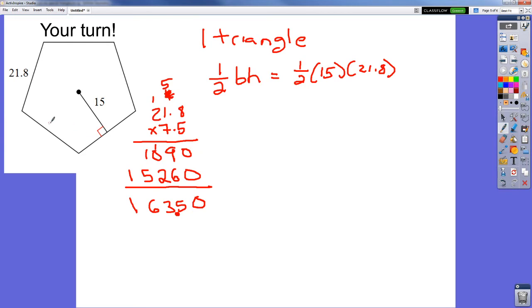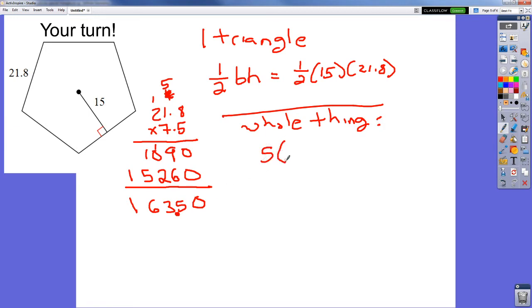And then there's 1, 2, 3, 4, 5 triangles. So we're just going to multiply this whole thing by 5.